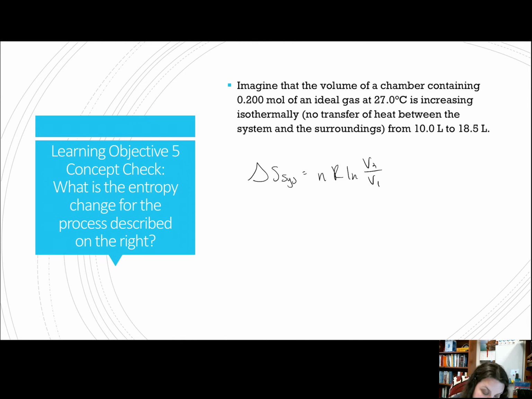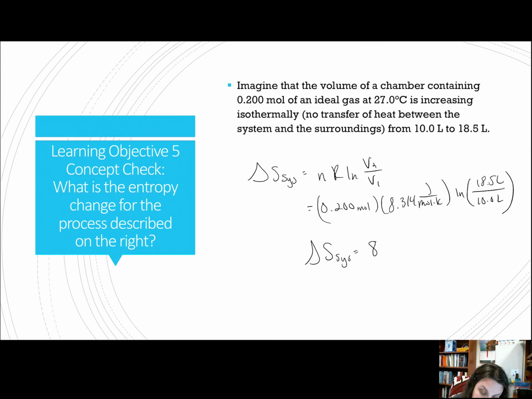Our number of moles is 0.200, our gas constant is 8.314 joules per mole Kelvin, and ln of 18.5 liters divided by 10.0 liters. If I work this out, we get a delta S of system equal to 8.68 joules per Kelvin.